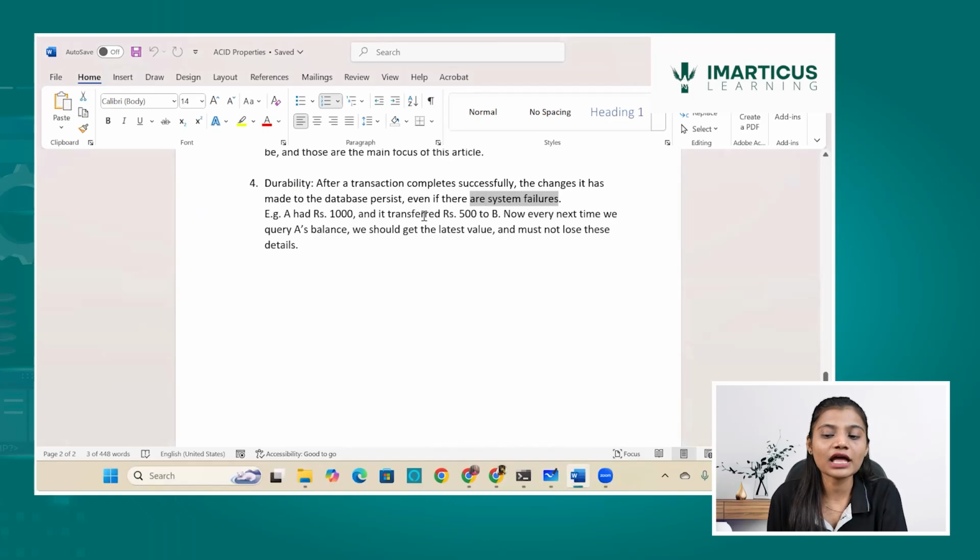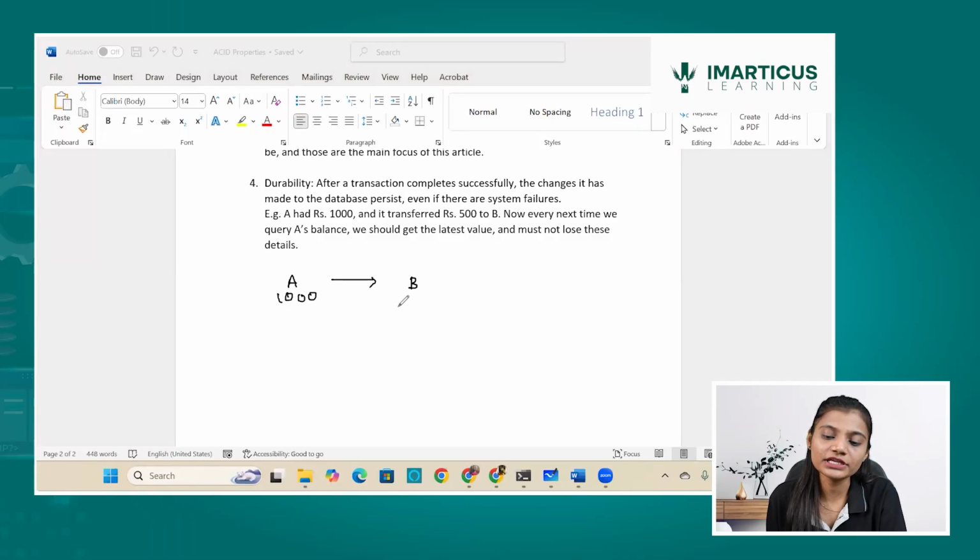A had 1000 and it transferred 500 to B. So now A's balance is 500. Every time I call A now and see the transaction, it is going to show me 500. That is the latest value after the transaction was completed.